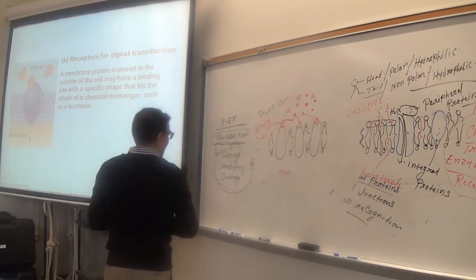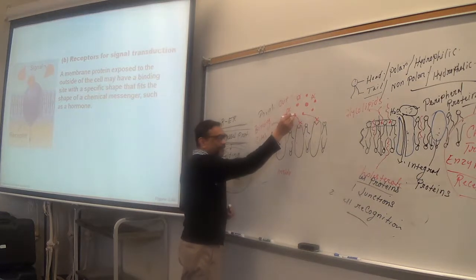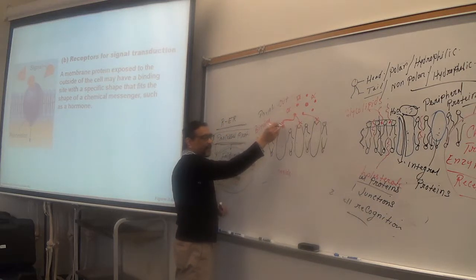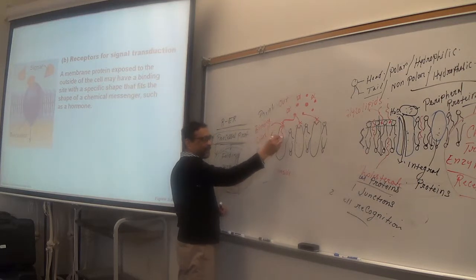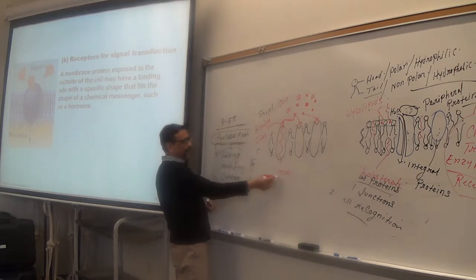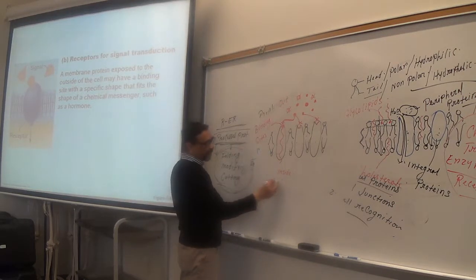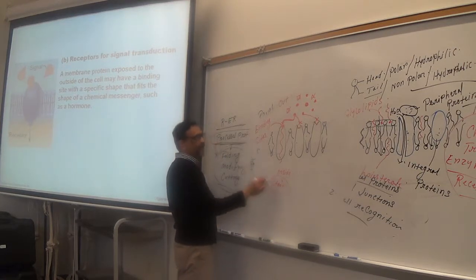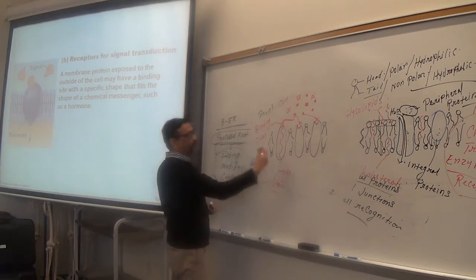Exactly the same thing here. You see, when that signal or chemical or medicine or hormone molecule, whatever you say, perfectly binds with the integral protein site, then what will happen? The signal will go inside the cell and that will start the engine. That means that will trigger the intrinsic function of the cell.